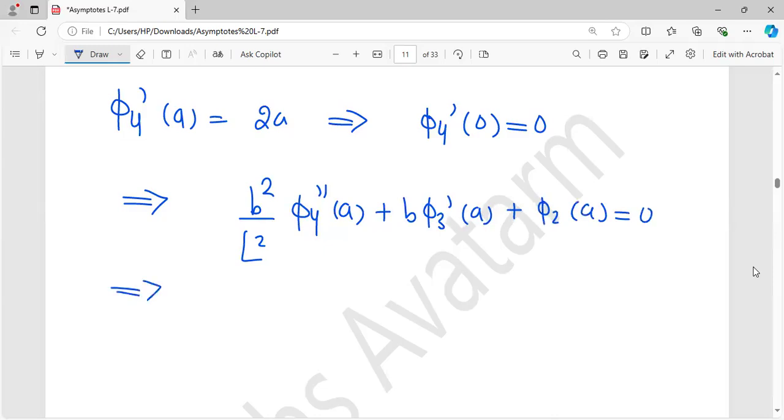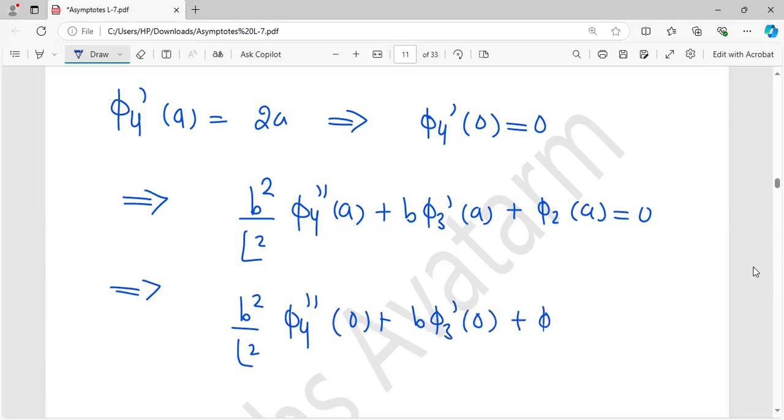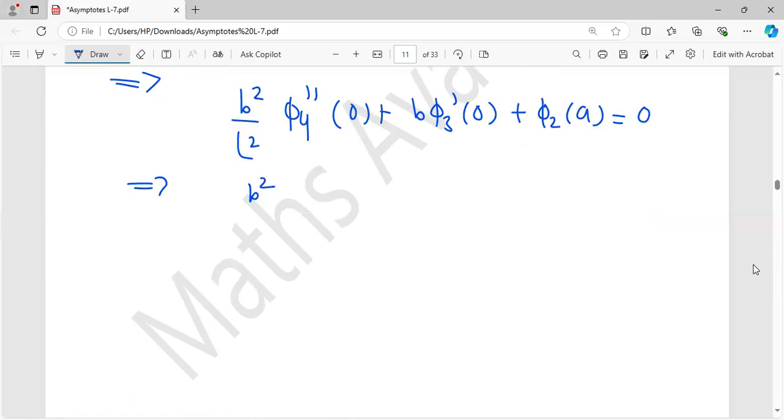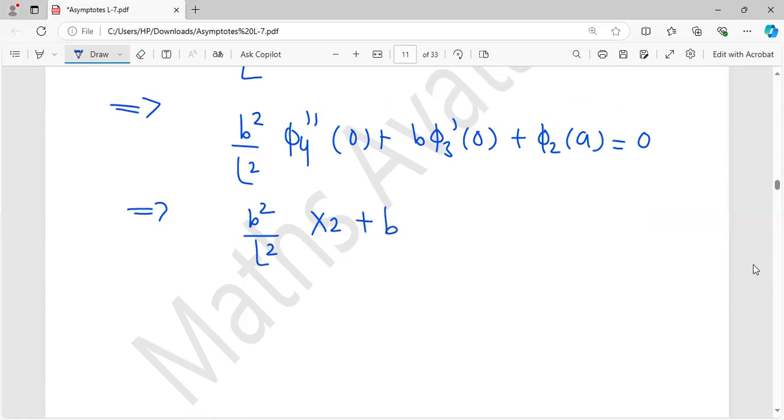So what is this? Phi 4 double dash at 0, times b square, plus phi 3 dash at 0 times b, plus phi 2 at 0. So what is phi 4 double dash a? That is 2. So this will be b square upon factorial 2, into 2. And phi 3 is actually 0, so its derivative will be 0.